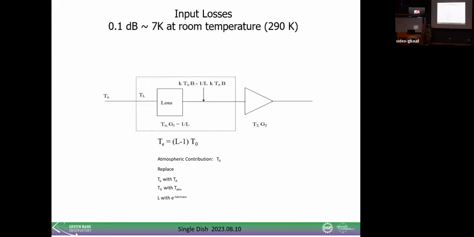The waveguide windows typically have a little bit of loss. If you don't cool your feed, and sometimes feeds are too large to cool, they give you a little noise or a loss. Sometimes you have components so that you can observe both polarizations.